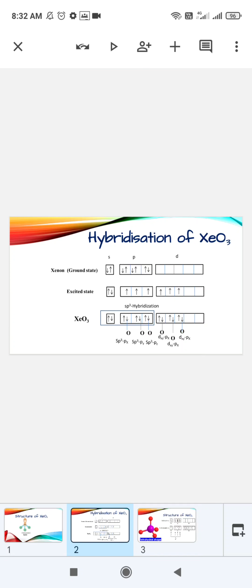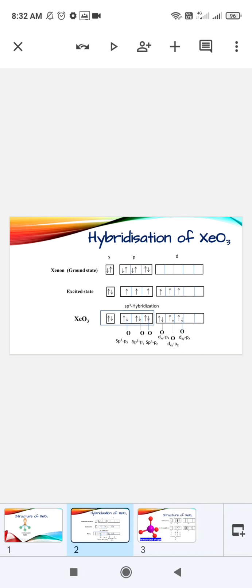Only the orbitals which form the sigma bonds take part in the hybridization. So in order to get 6 half-filled orbitals, 3 of the electrons in the p orbital undergo excitation, and we will get 1 s orbital which is completely filled, 3 half-filled p orbitals and 3 half-filled d orbitals. In order to form the sigma bond, there is end-on overlapping between the hybridized orbital and the p orbital of the oxygen atom.